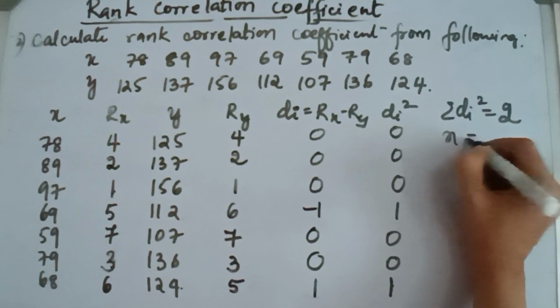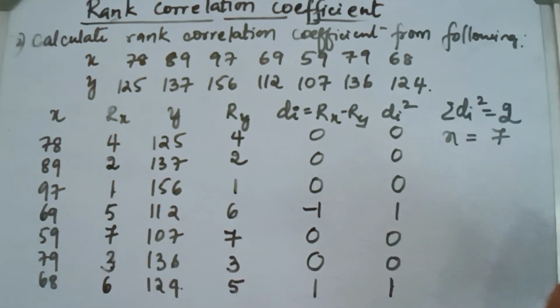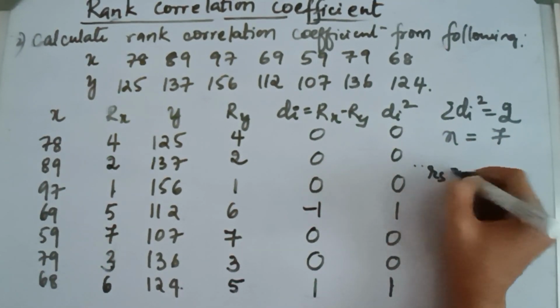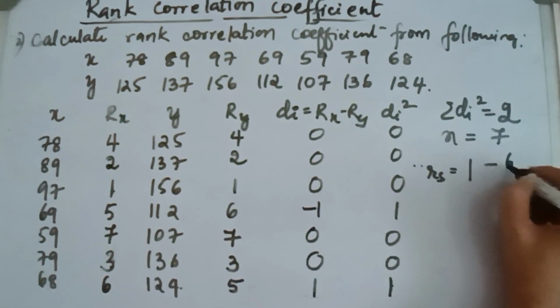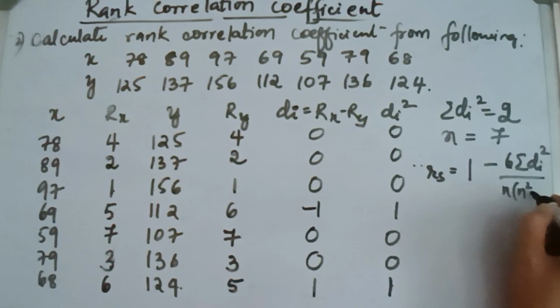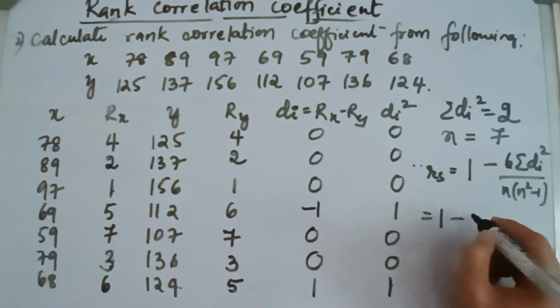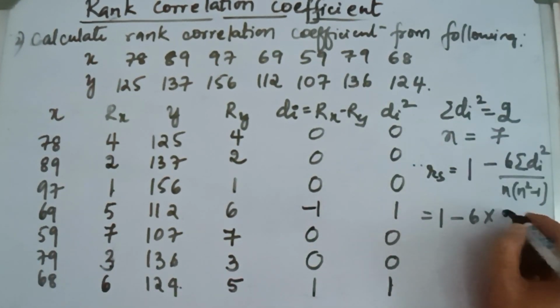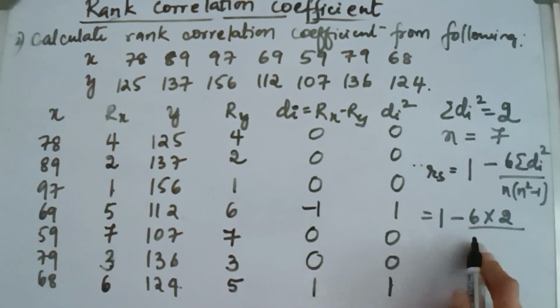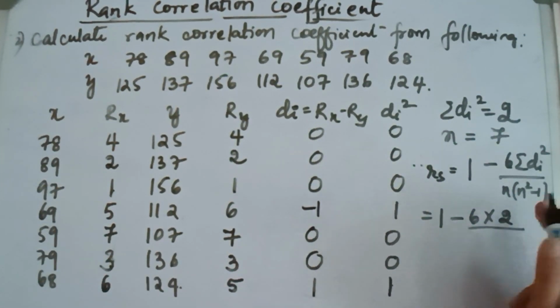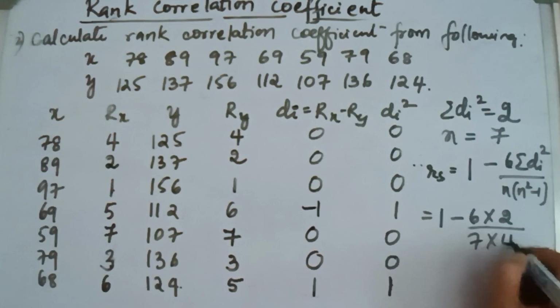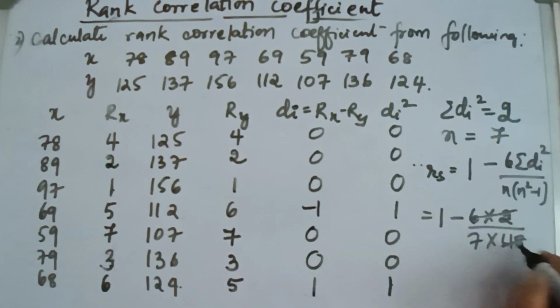Then the number of observations is equal to 7. Therefore rs is equal to, by Spearman's rank correlation formula, 1 minus 6 sigma di square divided by n into n square minus 1, which is equal to 1 minus 6 into 2 divided by 7 into 7 square, which is 49, minus 1. So 7 into 48, 6 into 2 is 12, then 12 fourths are here.